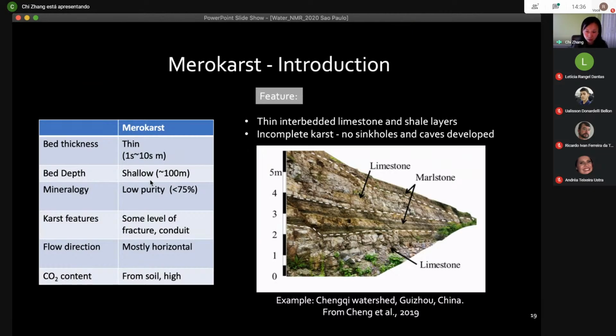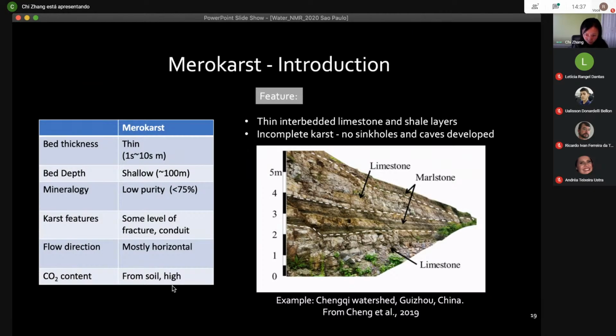This kind of merokarst system can develop some level of fracture and also conduits. The flow direction has traditionally been argued to be mostly horizontal, but our work showed the vertical flow path is also very significant in this system.